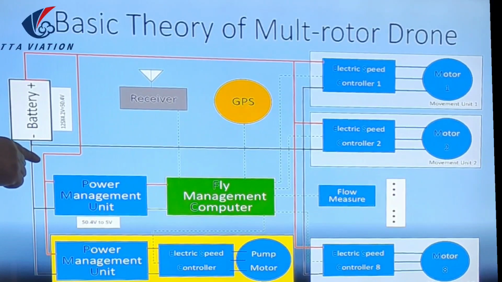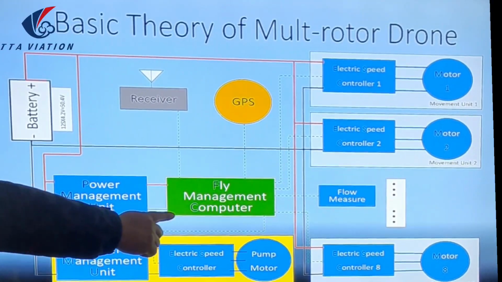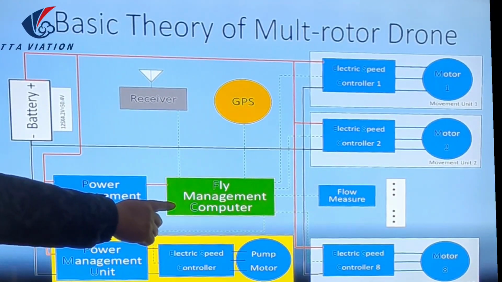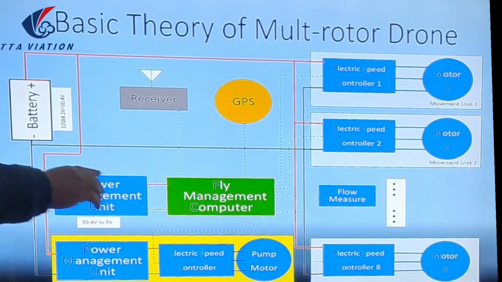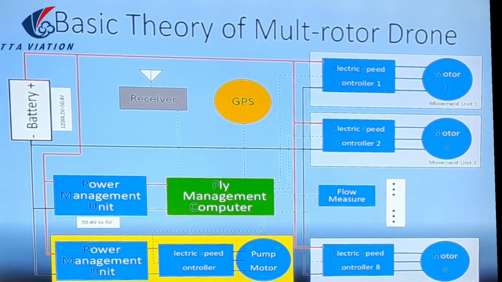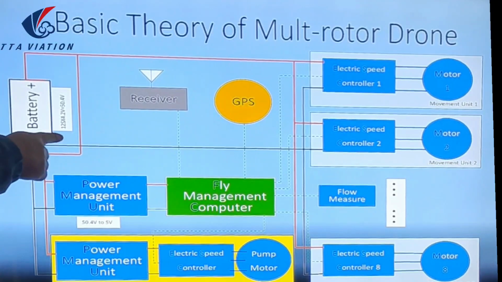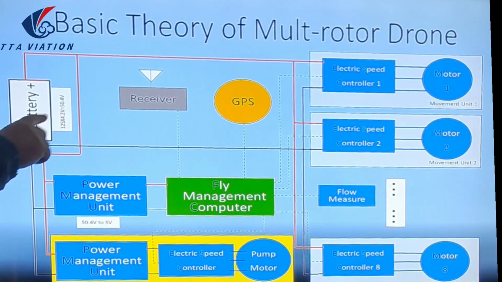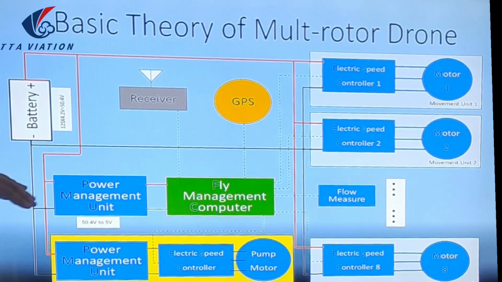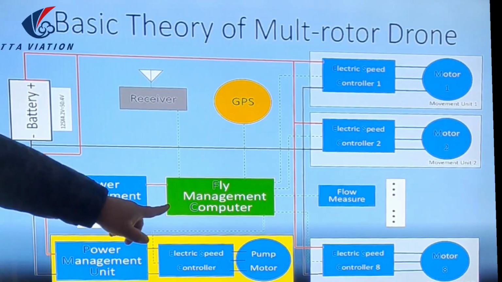When this system is working, the flight management computer also needs a power supply, but this 50.4 volts is too high a voltage for this device.